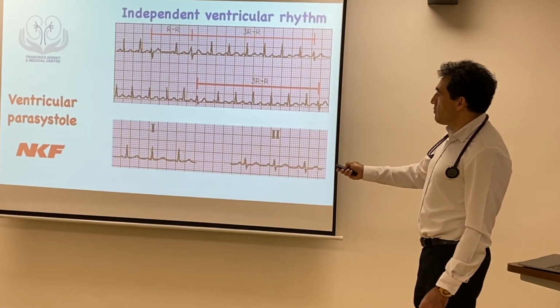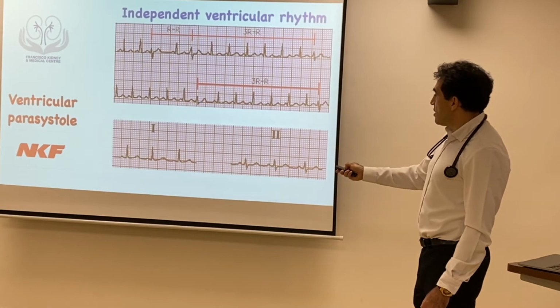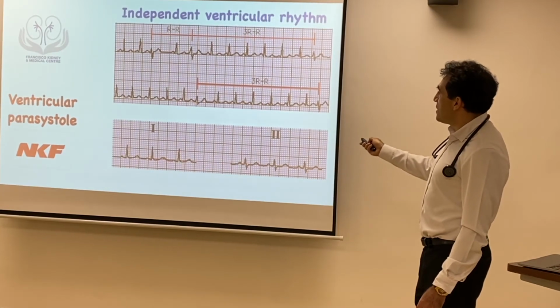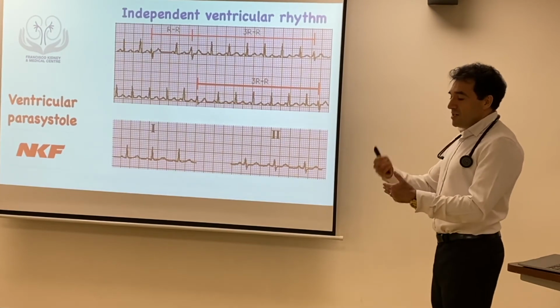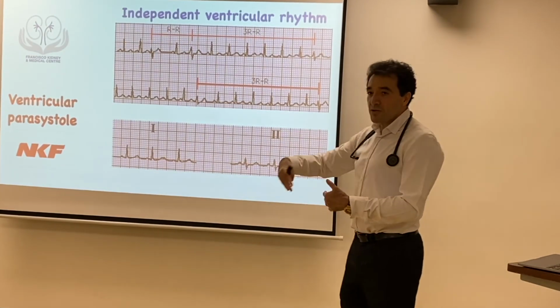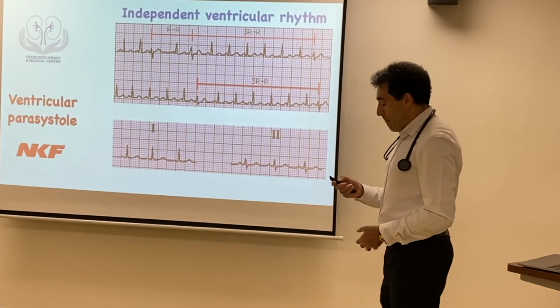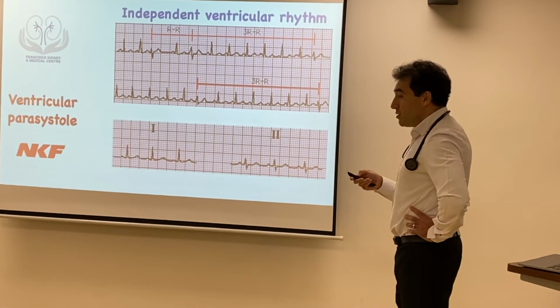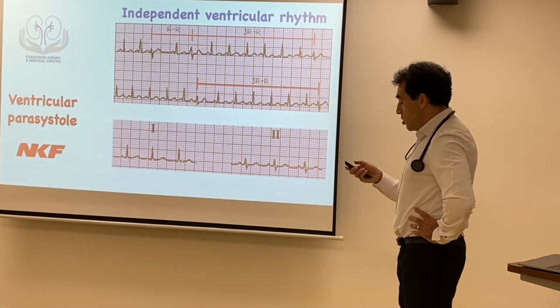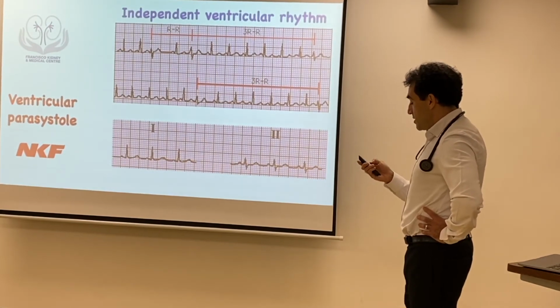Suddenly there is one beat here that is different, but then it comes again and appears at regular intervals. So the normal is there, but also there is an independent rhythm. The ventricle is working and firing on its own at a regular pace.